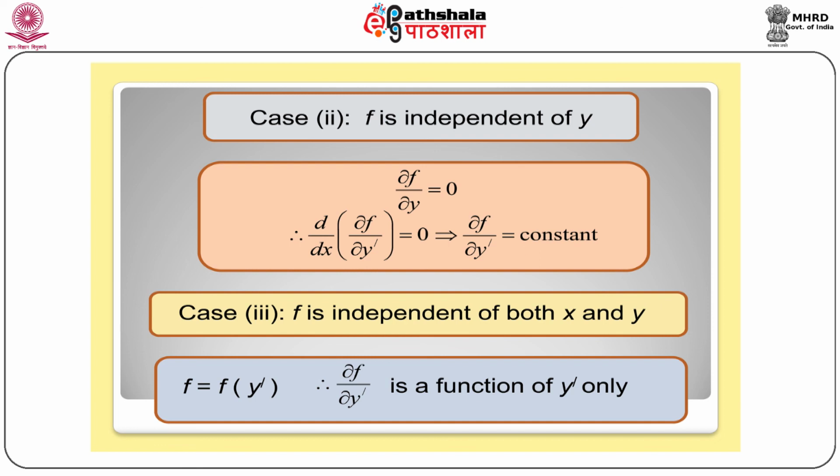In case 2, we have already obtained that if f is independent of y, then ∂f/∂y' is equal to constant. So, we take this constant as C1. After integration, we get f equal to C1 into x plus C2. C1 and C2 are arbitrary constants. This is a straight line.